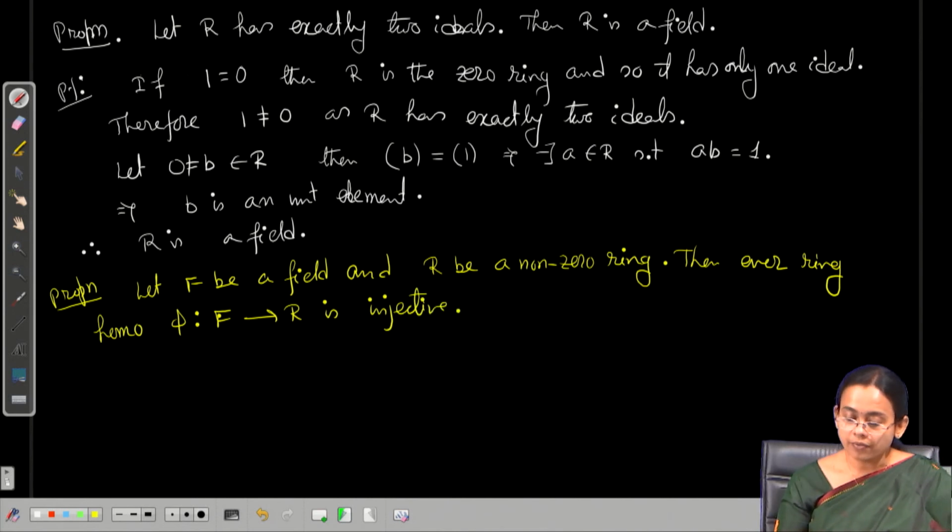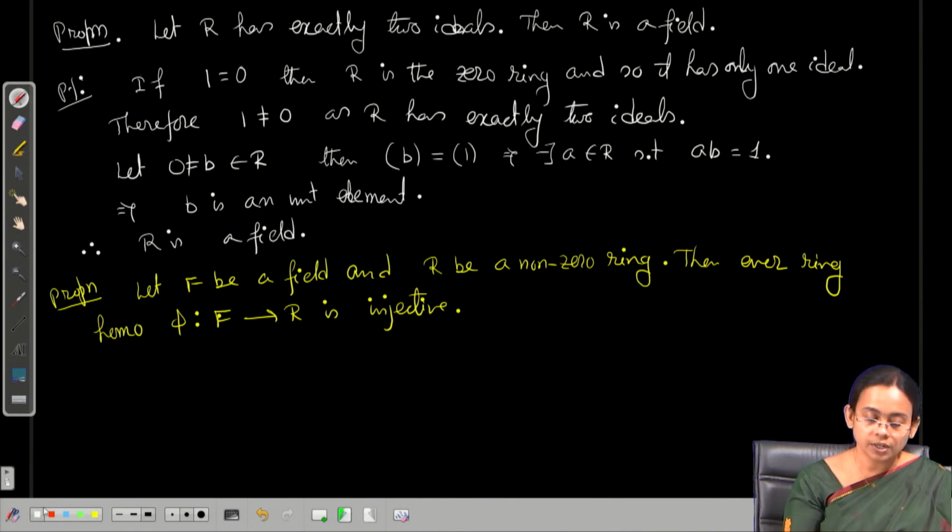So, a field also has a ring structure. So, if you have a ring homomorphism from a field to a non-zero ring, then it is in fact an injective ring homomorphism. Why is that?